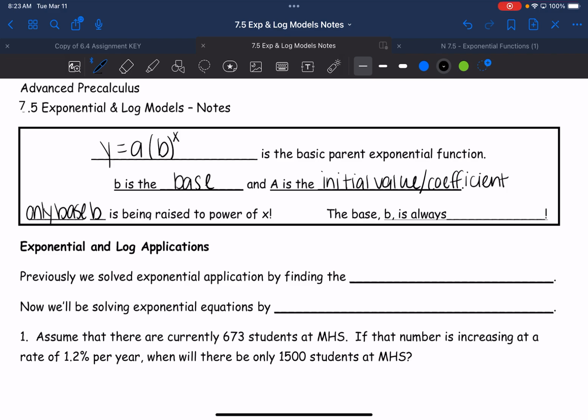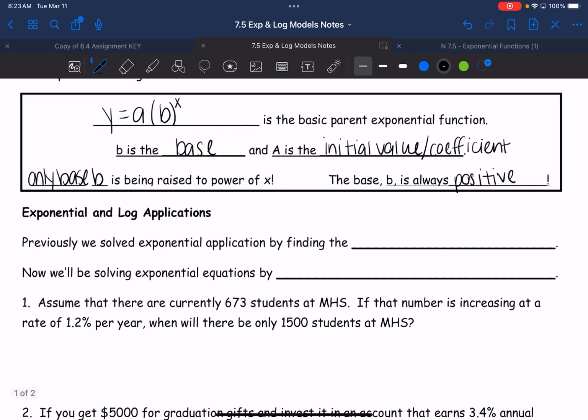And remember yesterday, we said that you can only take the log of something positive, right? Your log could not be negative. We also said your base could not be negative, right? So keep in mind that that means your b should always be positive, because we can't have a negative base.